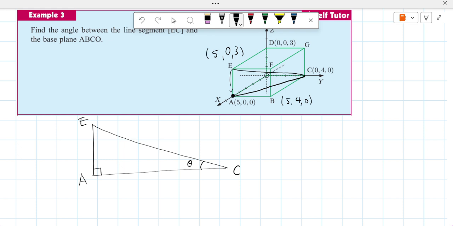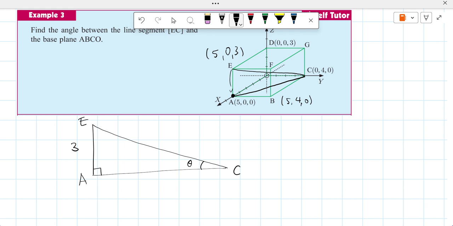I need to find the length of EA, and the length of AC, and then maybe the length of EC. We can think about multiple cases, but let's think about the easiest case. I think the length of EA is the easiest to find. That's going to be 3, simply the height of this rectangular prism.